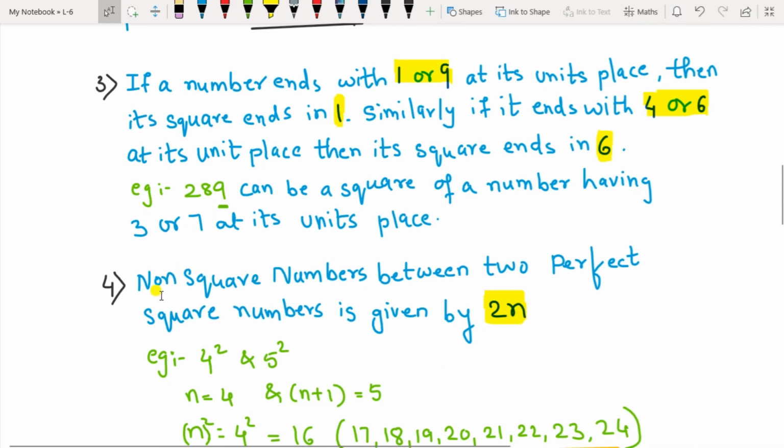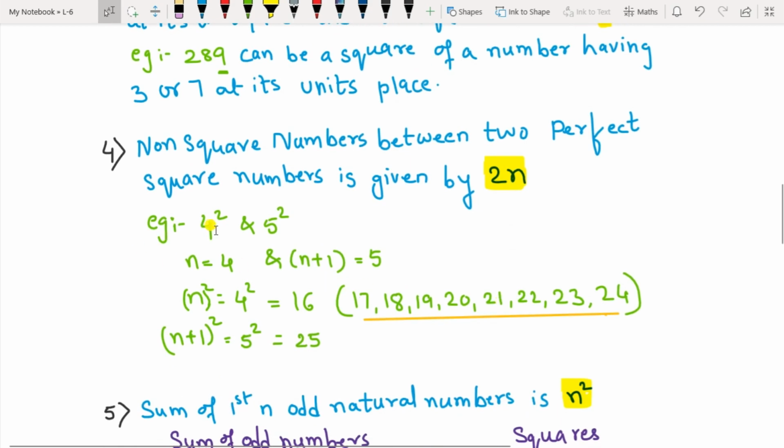Now the fourth property: the number of non-square numbers between two perfect squares is given by 2n. Suppose two numbers are given, for example 4 and 5, and you take their squares, 4 square and 5 square. The numbers that lie between these two squares are called non-square numbers. All the numbers that come between two square numbers are non-square numbers.